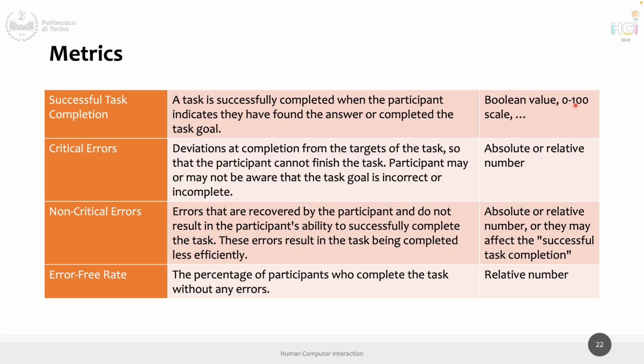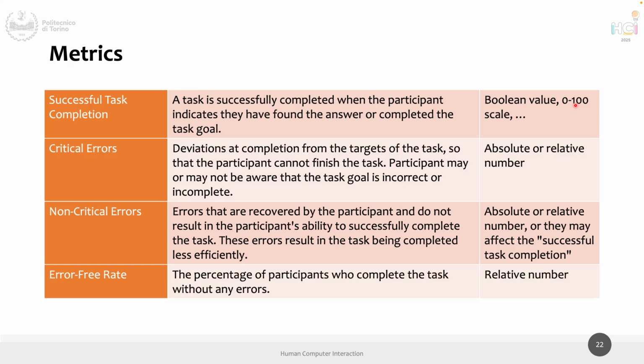For instance, let's say that the task is book a room for tomorrow in Politecnico for 100 people. And let's say that the participant books a room in Politecnico for 100 people, but not tomorrow, in 2 days, or today, and says the task is complete.